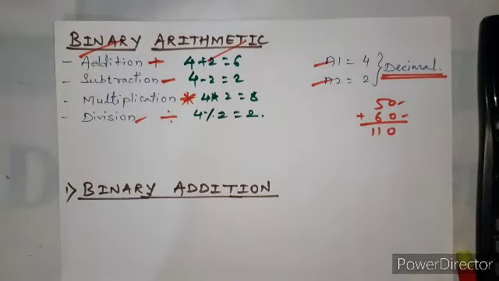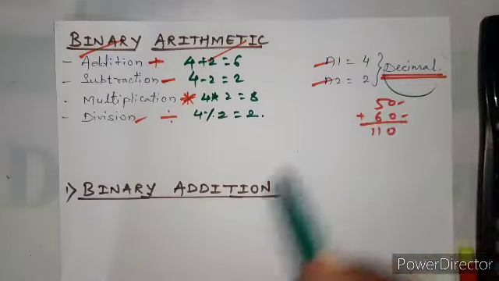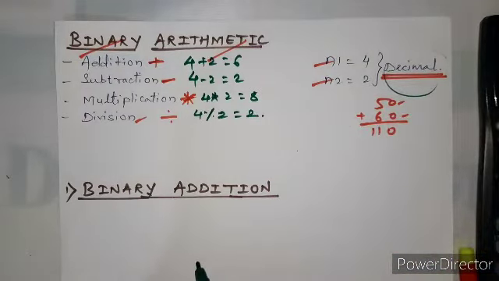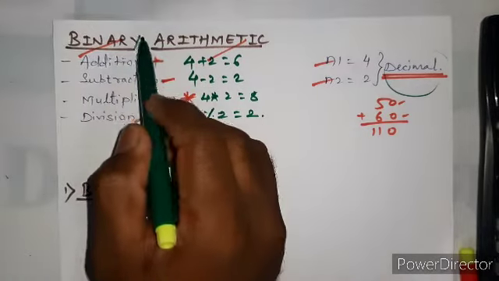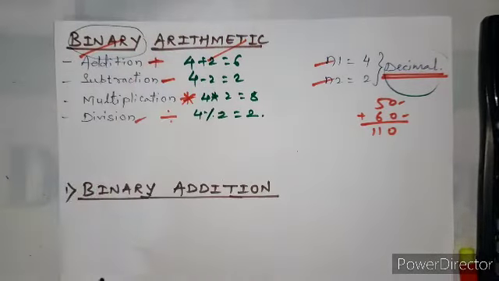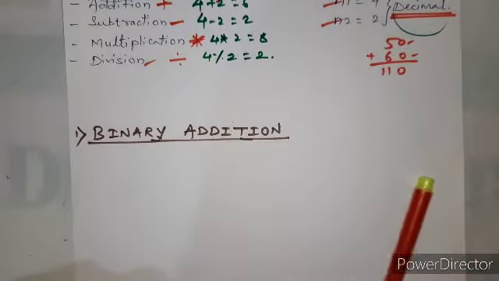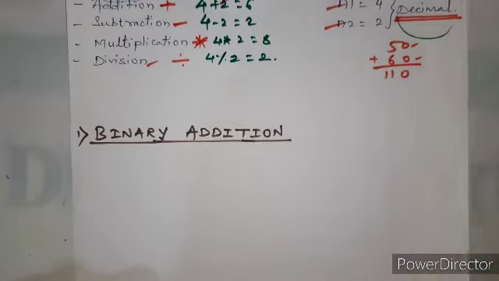This is what we have seen for decimal numbers. But now going a bit deeper at the hardware level and looking at how binary arithmetic takes place, very first we will see binary addition.